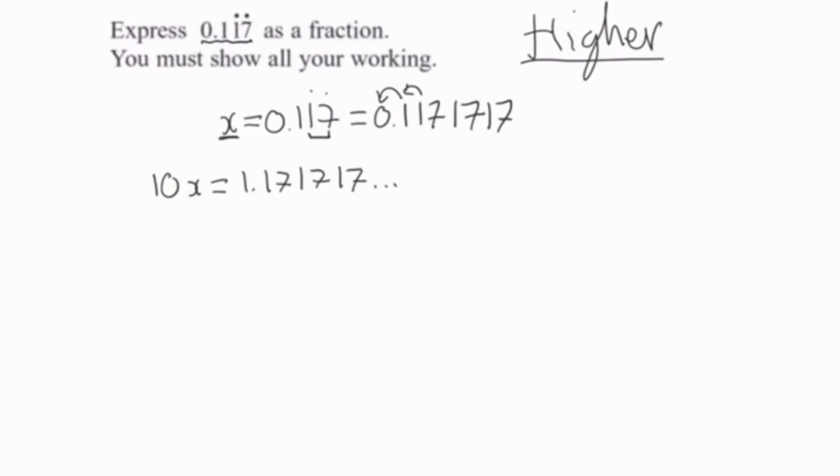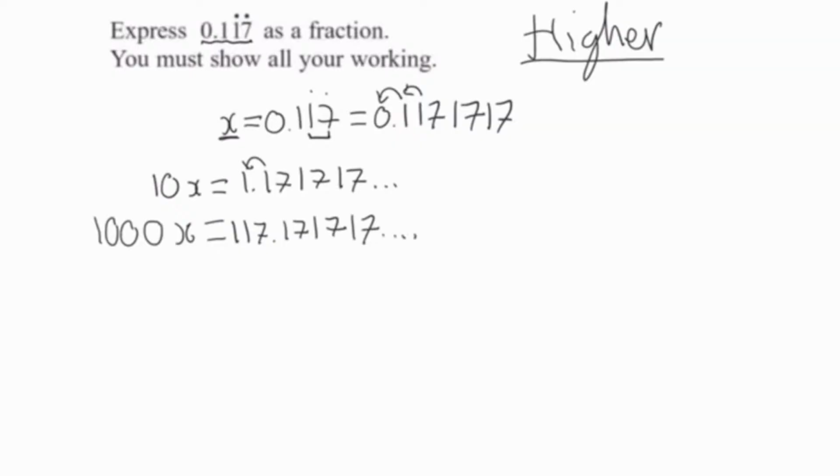Now what we want to do is find another multiple of x which again has the same decimal pattern. So if we multiply x by 1000, what we are going to do is just shift everything 2 more to the left. So what we're going to get is 117.1717, and then that is continuing.